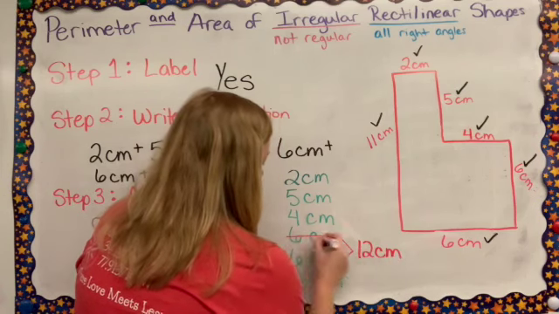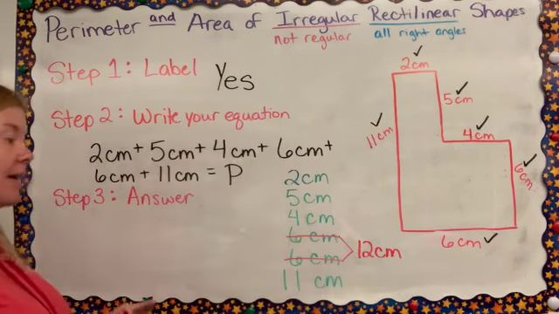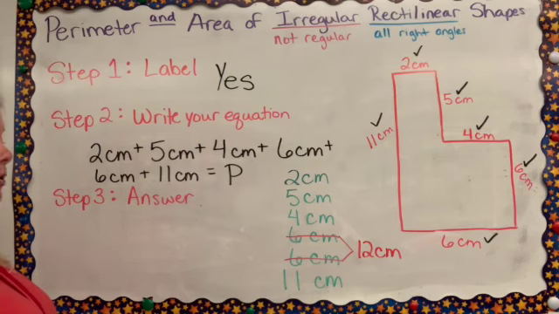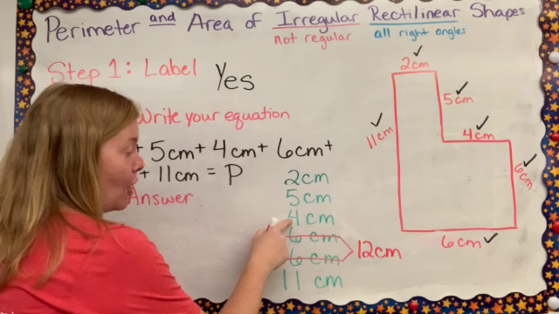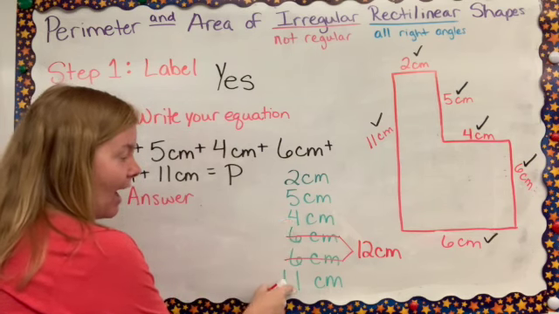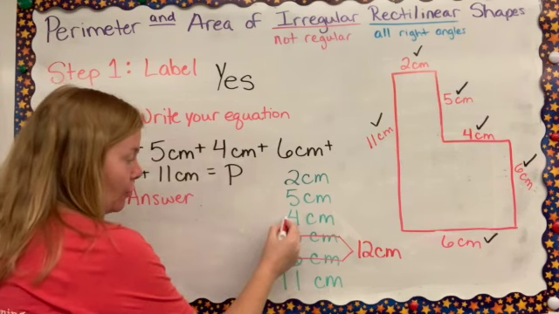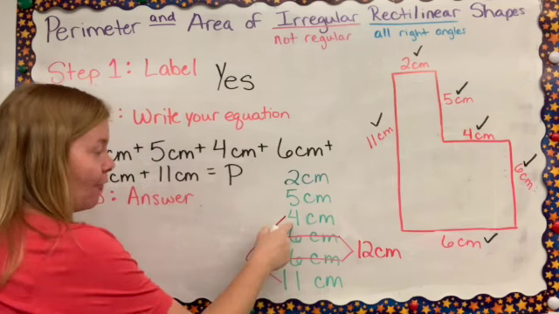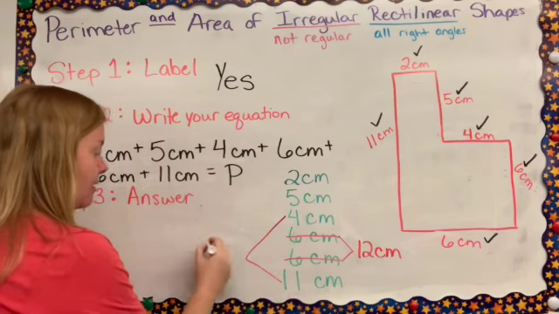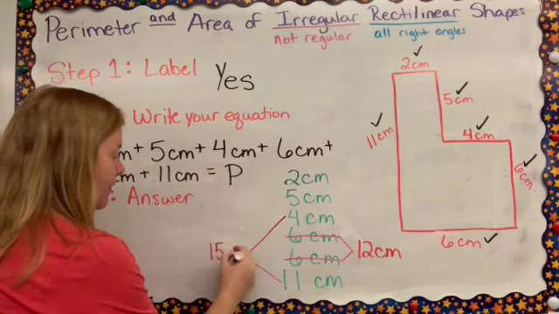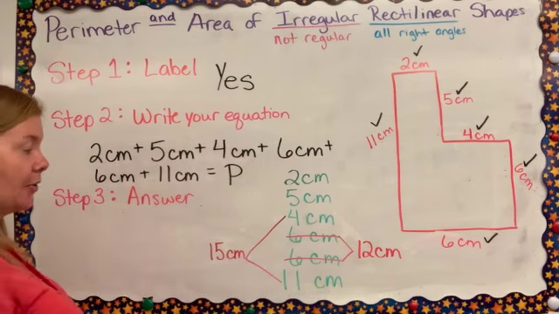I like to do doubles, and then I like to put a little line through them because I've used them. What else can I put together? I know that 4 and 1 make 5, so I am going to take 4 centimeters and 11 centimeters and make, perfect, 15 centimeters.